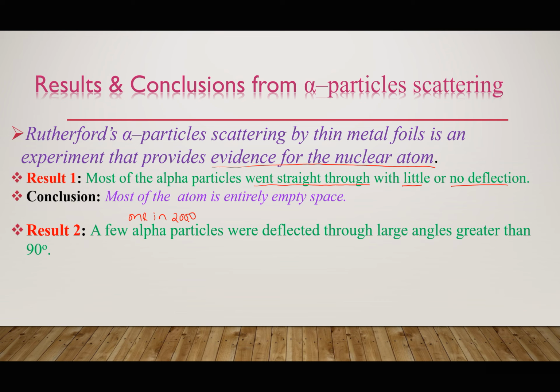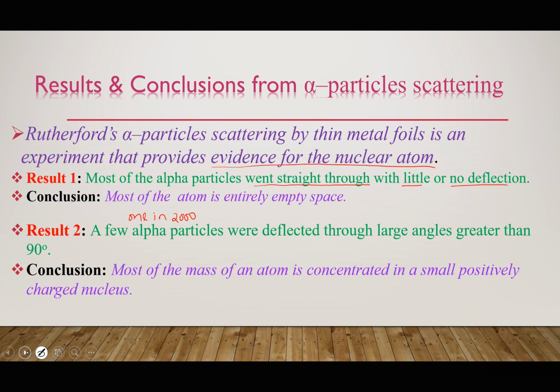So why are a few alpha particles deflected through large angles? Maybe it's because most of the mass of an atom is concentrated in a small positively charged nucleus. So the reason a few alpha particles are deflected through large angles greater than 90 degrees is because most of the mass of an atom is concentrated in a small positively charged nucleus.